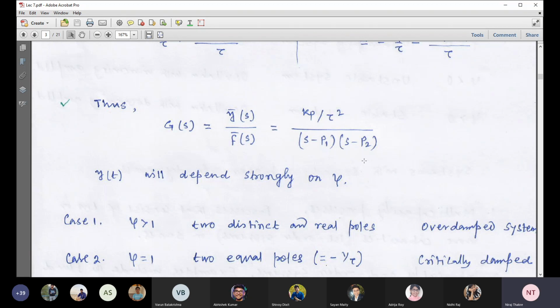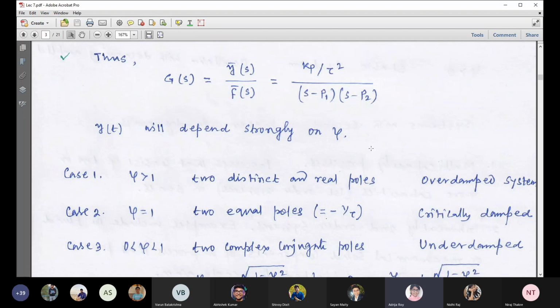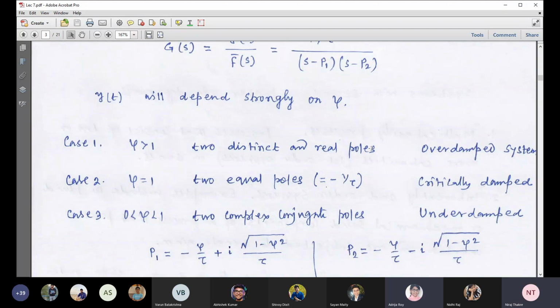What happens if we consider zeta less than 1? Anyone? So we get two complex conjugate poles. Yeah. What's your number? 19CH10007. Yes. You see the poles look like this. Agree?